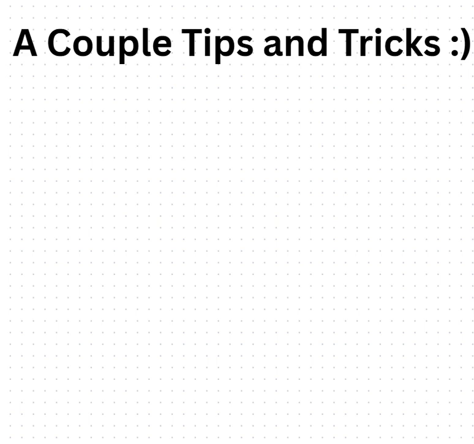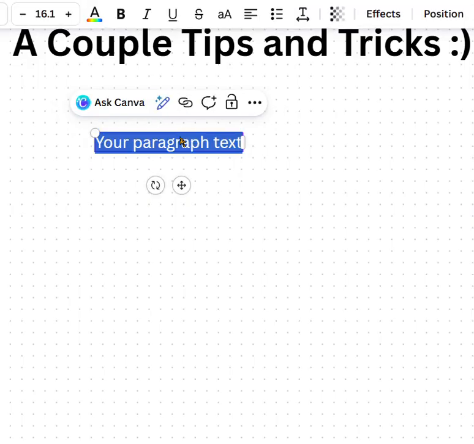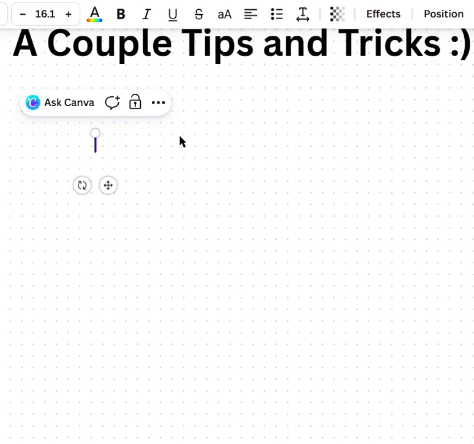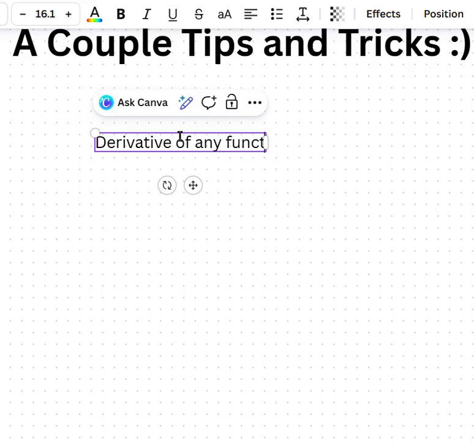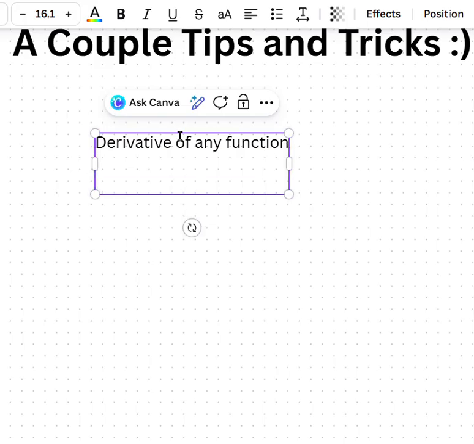So for one thing, let me quickly just do a text box. Okay, so in differentiation, when you're trying to find the derivative of any function, one thing you may notice is that the constants in that function disappear.